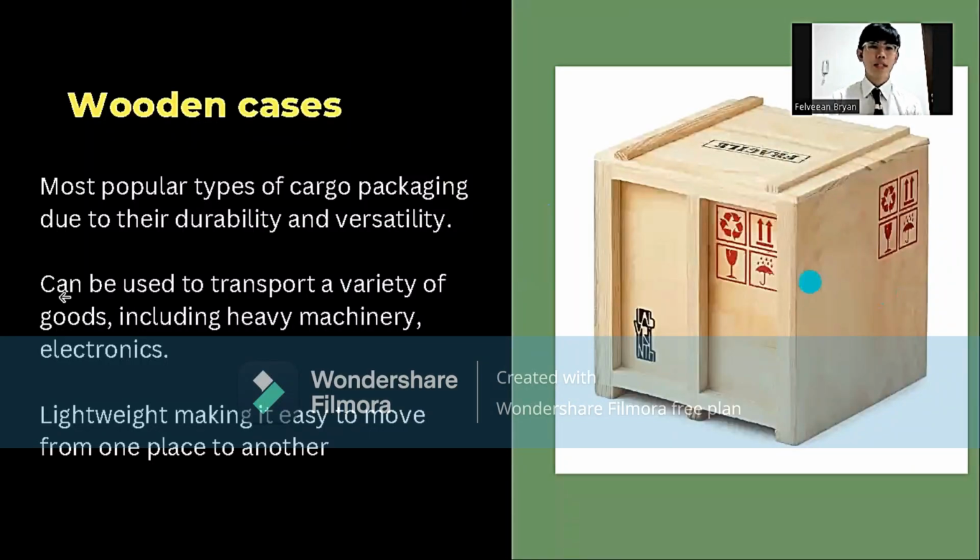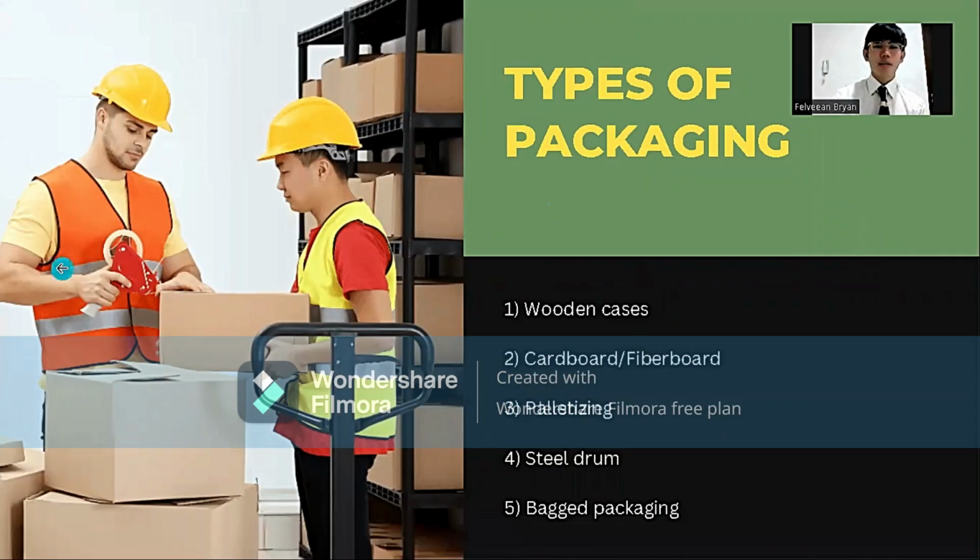So first things first, before we start, we are going to explain a little bit about packaging. Packaging is the process of packaging the cargo by preparing the goods or material for transportation. This involves using packaging material to protect the cargo from getting damaged during transportation.